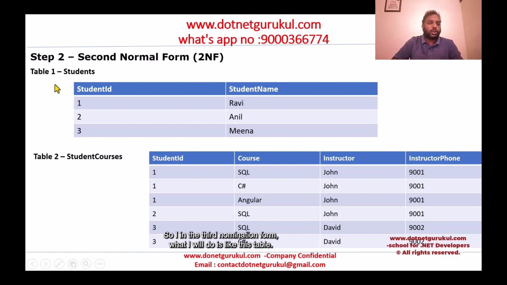So in the third normalization form, table 1 will remain the same, but for table 2, the last table will be split into 2 different tables: student ID, student course, and instructor in one table, and the instructor and the instructor phone number in another table.